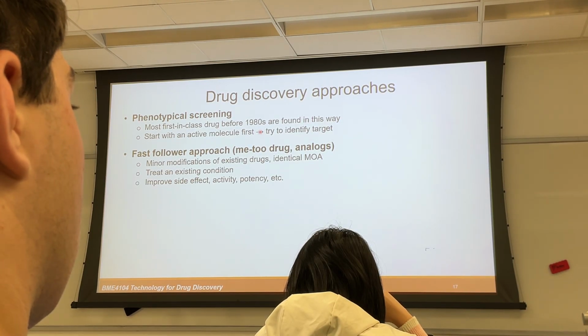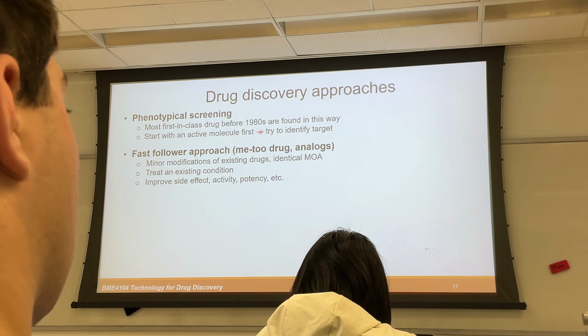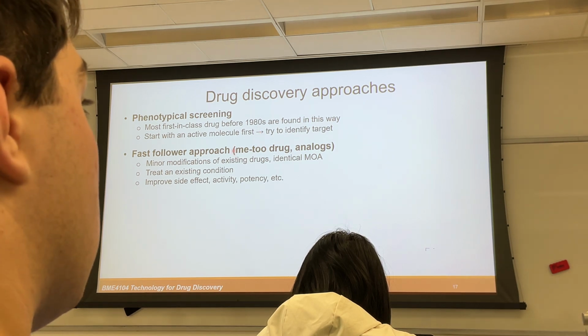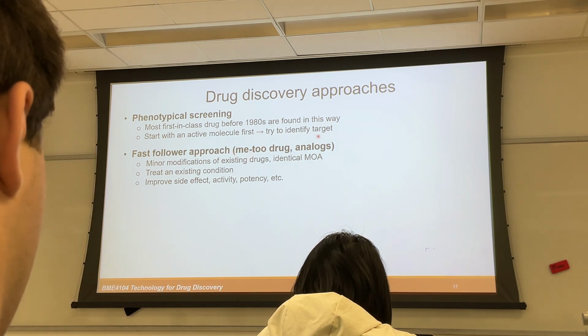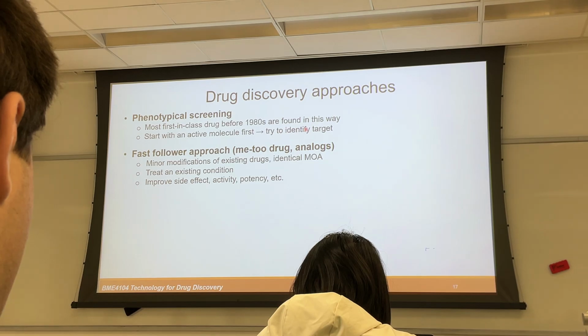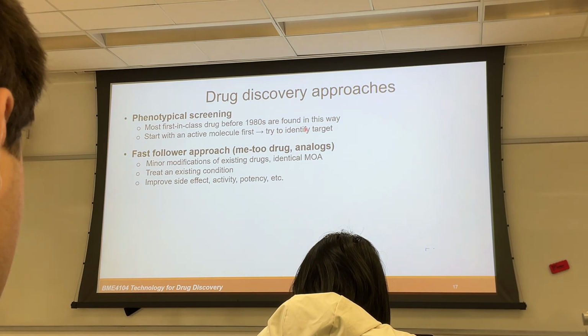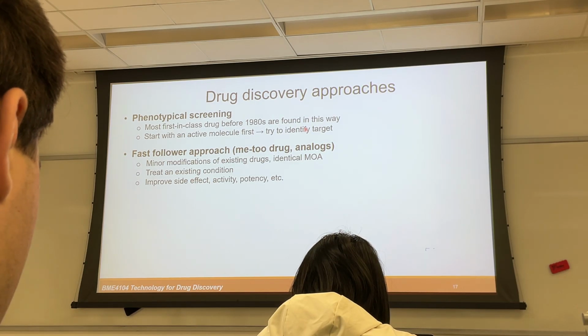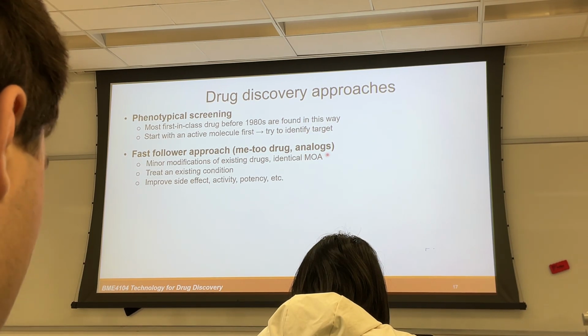And then the next method, well, it's not exactly a method, but it's a concept called the fast follower approach, also called me-too drugs. Basically, we don't develop a new drug from scratch, but instead, we modify some existing drug, maybe add functional groups or remove some functional groups, change some atoms, and we make it slightly different.